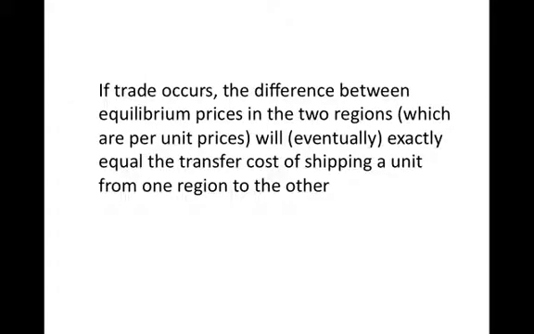What's going on here is that if trade occurs, if there's a flow of product, for instance, from the southern prairies into North Dakota in this grain example, then the difference between the equilibrium prices in those two regions will eventually exactly equal the transfer cost of shipping a unit from one region to another. So eventually prices are going to adjust to reflect that volume of trade until the price difference associated with the last unit that's transported exactly equals the transfer cost. So at the margin, the price difference equals the transportation cost or the transfer cost.